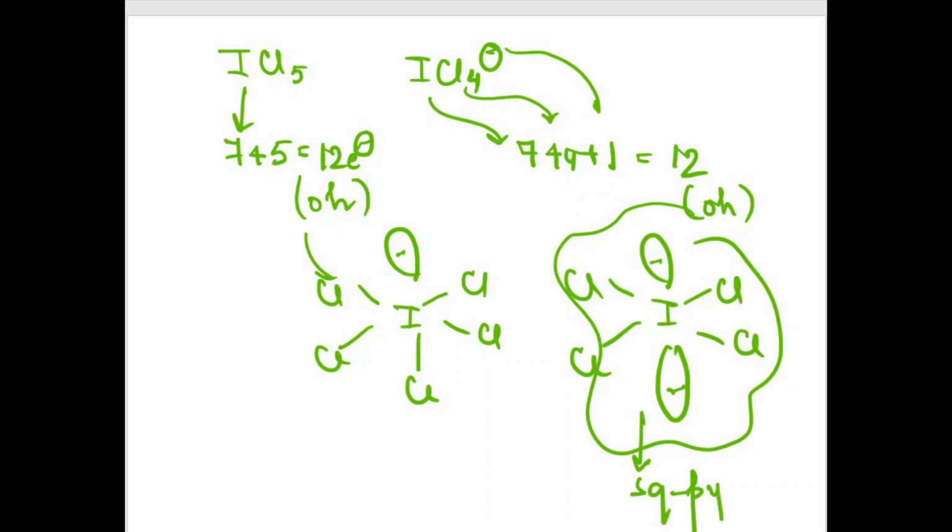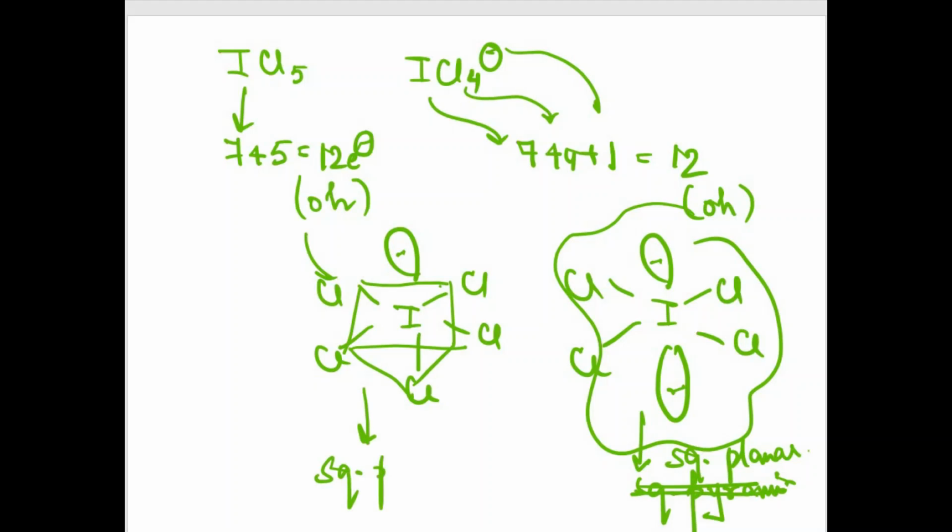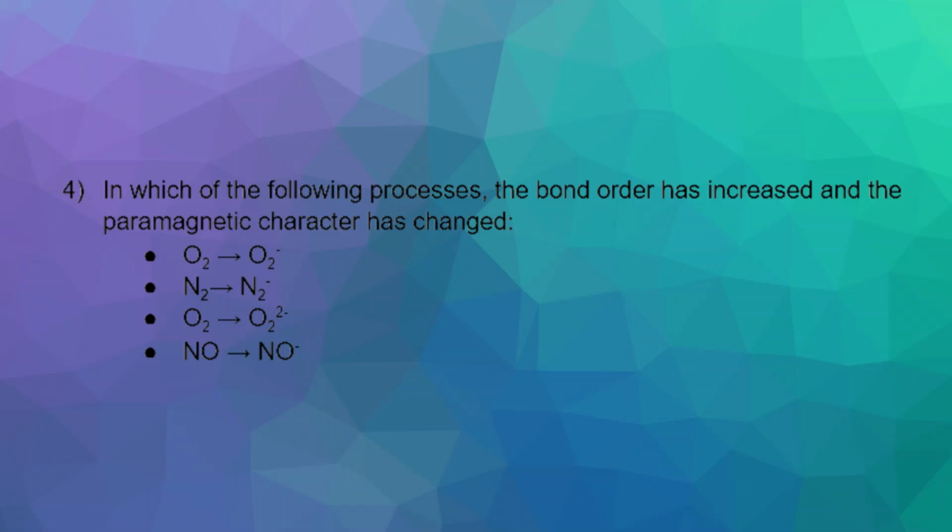Sorry, square planar means all the atoms on the same plane. And this is like a square pyramidal, in which on the same plane there are 4 atoms and one like a pyramid. So that is the square pyramidal structure. So ICl5 would be square pyramidal and ICl4 minus would be square planar. That is your option B. So VSEPR is the best way to solve such questions.